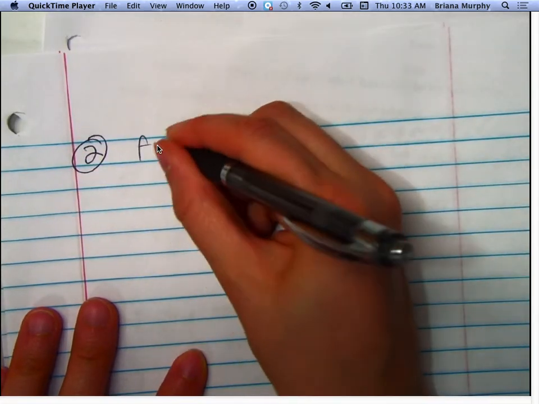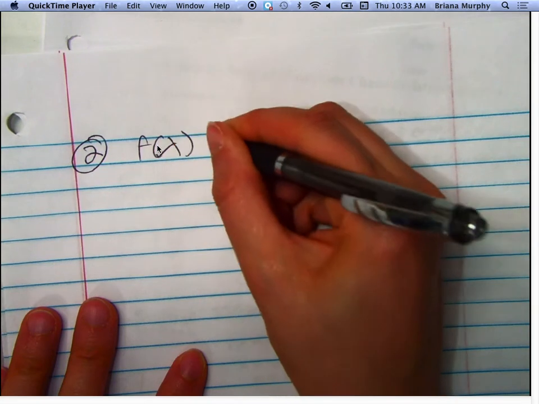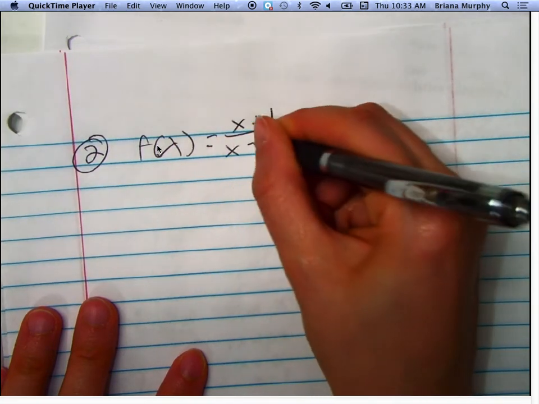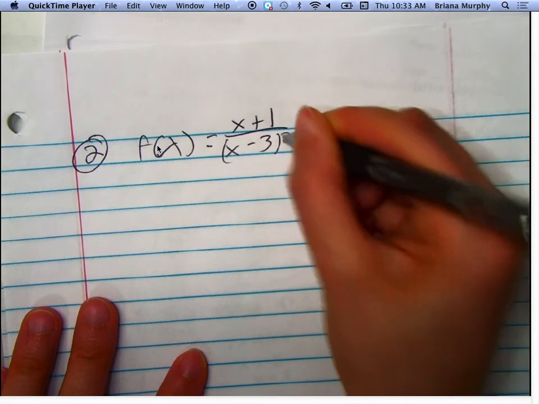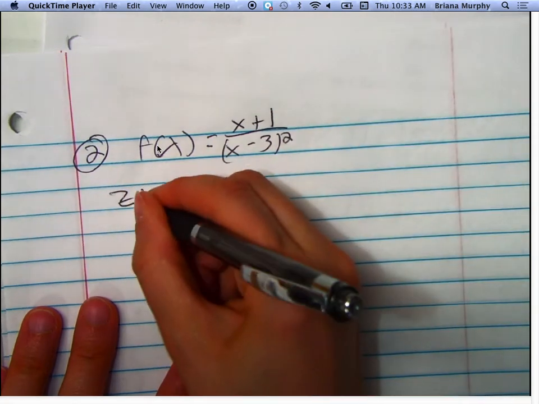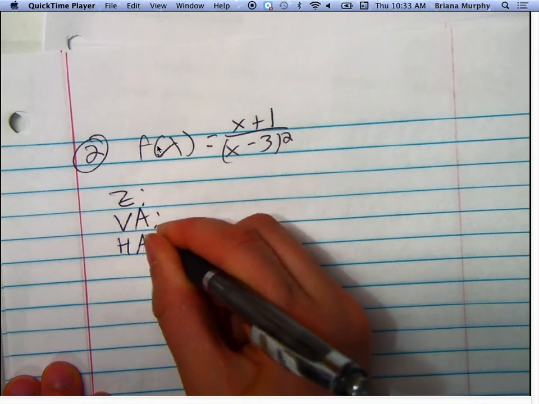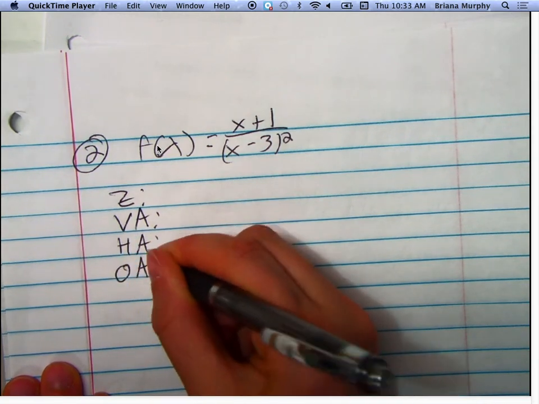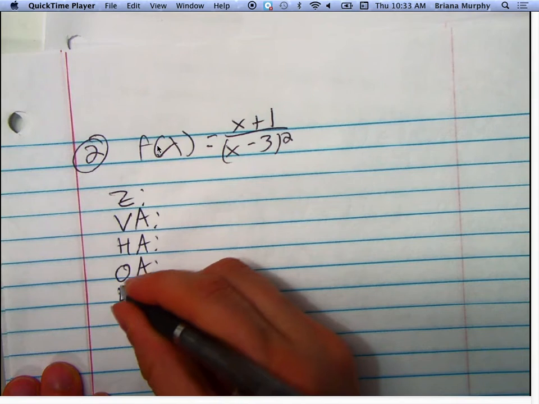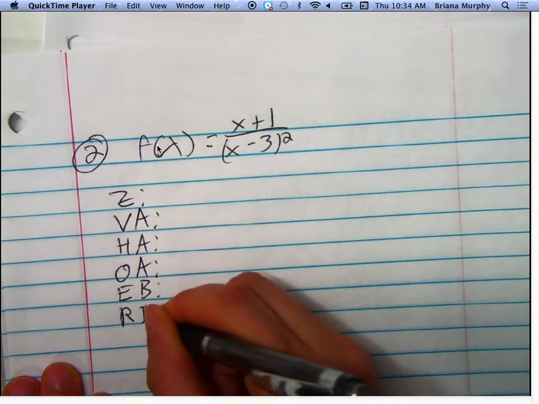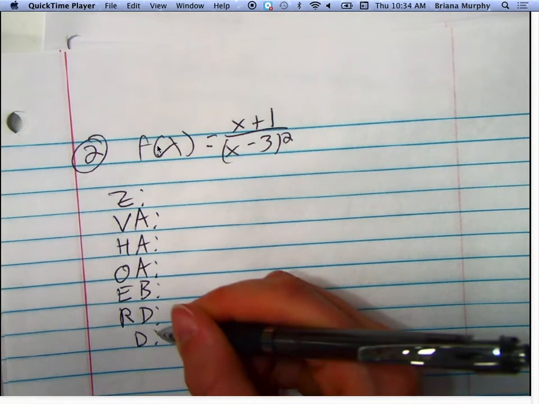We've got f of x equals x plus 1 over x minus 3 squared. And you're going to find the zeros, vertical asymptote, horizontal asymptote, oblique asymptote, end behavior, removable discontinuity, and the discontinuity.